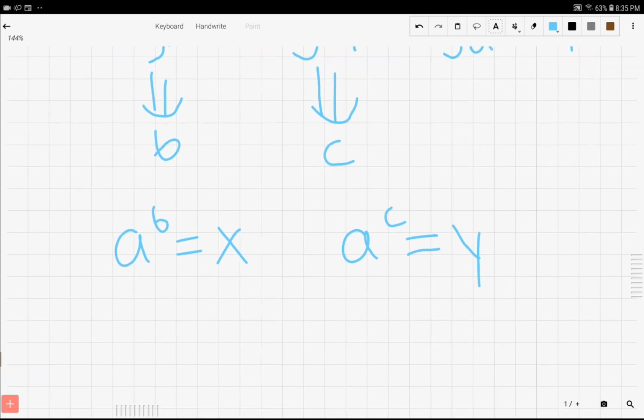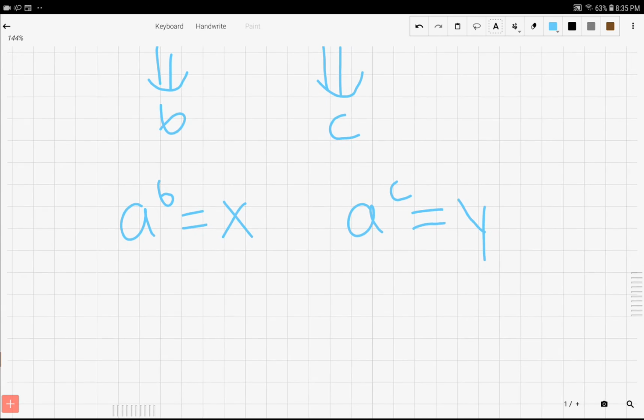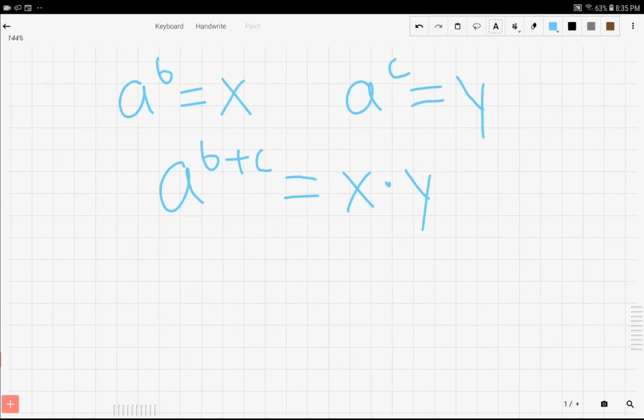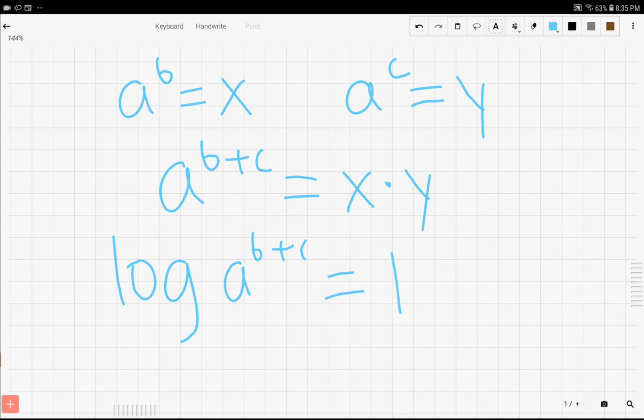So now that we have these two down, let's multiply them together. We have a to the b plus c is equal to x times y. And if we take the logarithm of both sides, we have log base a of a to the b plus c is equal to log a of x times y.